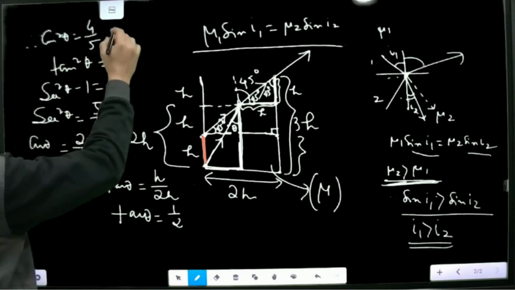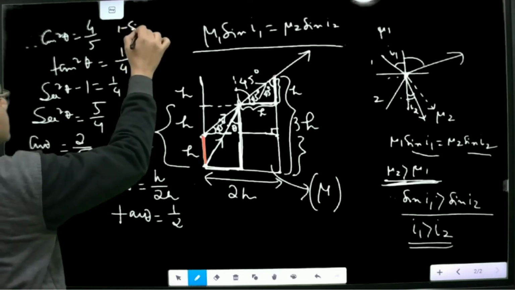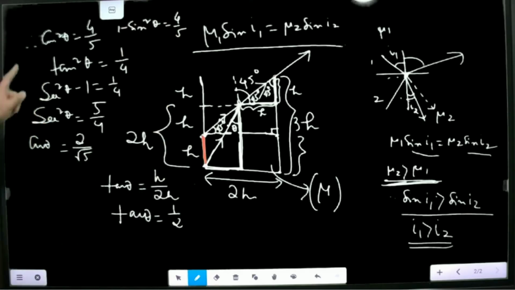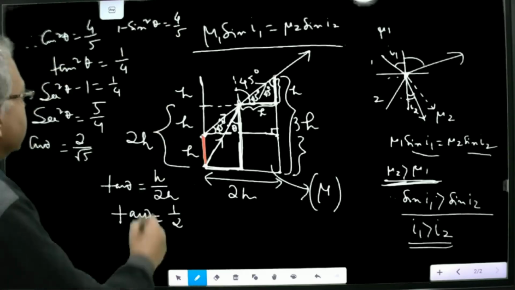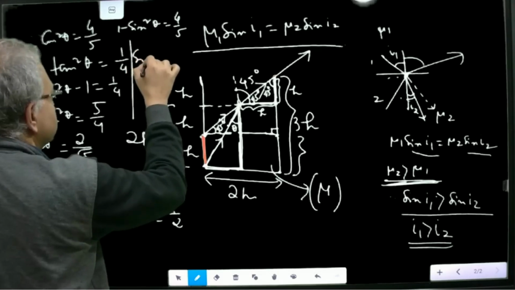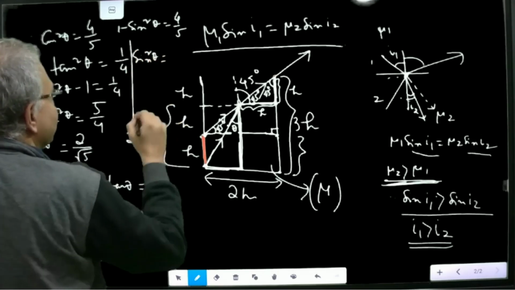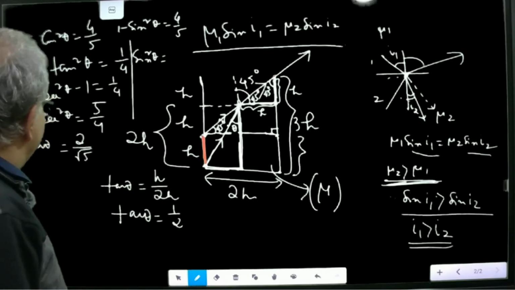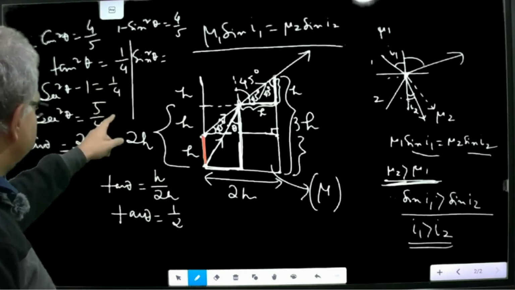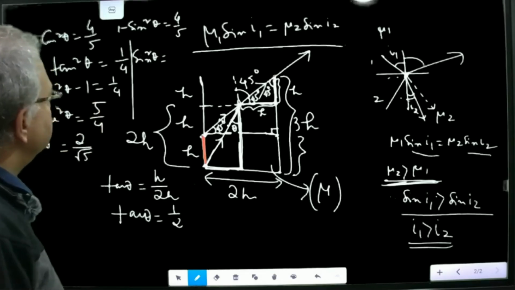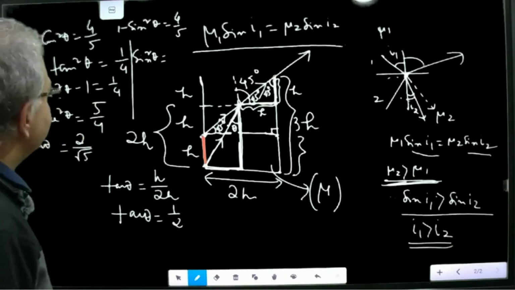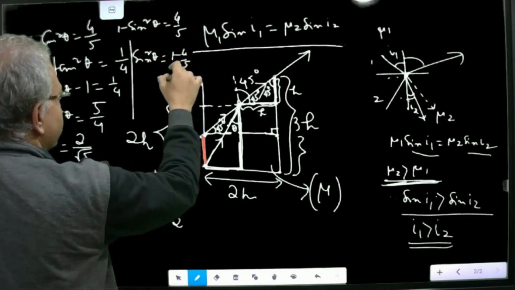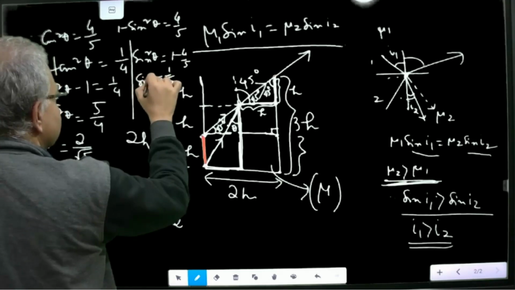Therefore, 1 minus sine square theta is equal to 4 by 5. Therefore, we can tell that sine square theta is 1 minus 4 by 5, 5 minus 4, that is 1 by 5, is equal to sin square theta.